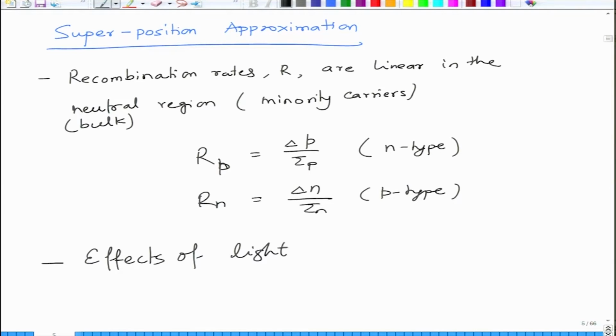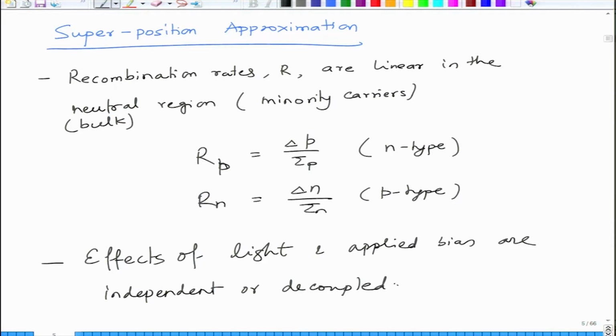Light can change the carrier concentration, and as a result it can change the diffusion gradient, whereas bias can raise or lower the barrier at the interface. So the effects of light and applied bias, that is the external field, are independent, or decoupled, to be more precise.